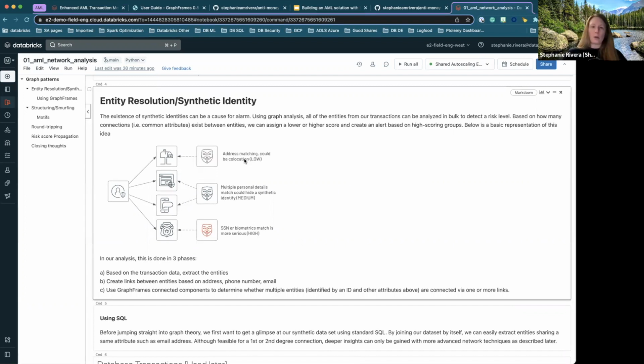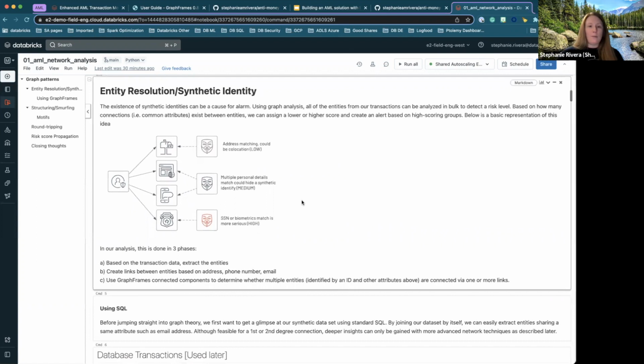Low concern, you probably just live with another individual. But if there are identities that are sharing lots of information, so the phone number and the email address and the address are all the same, that's more of a concern. And then of course, the highest risk would be sharing things like a social security number.